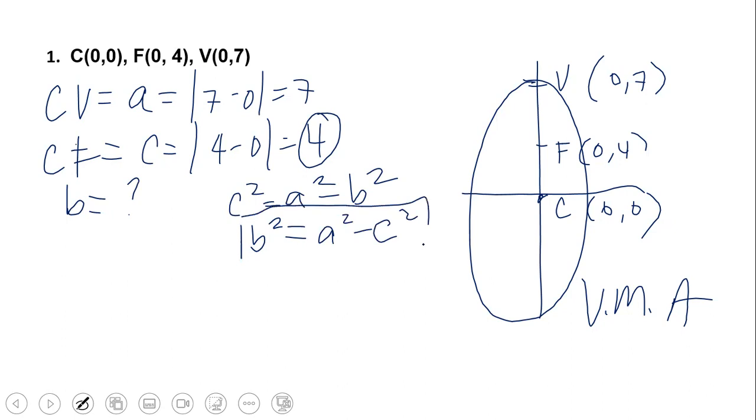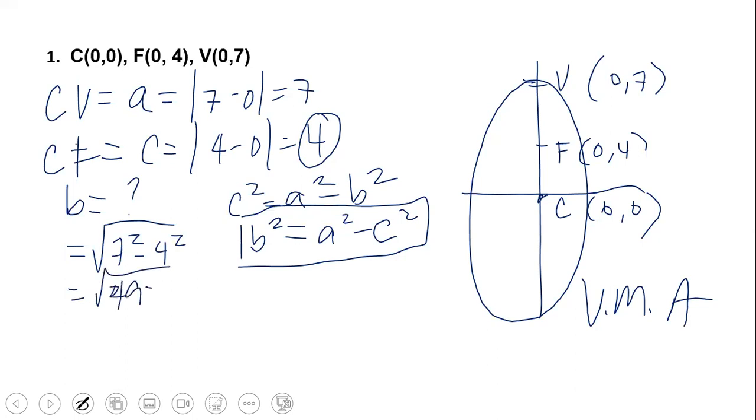So therefore, B is equal to the square root of 7 squared minus 4 squared, which happens to be 16. So 49 minus 16, which is equal to the square root of 33. And that is your B.